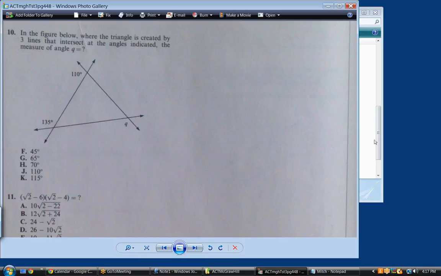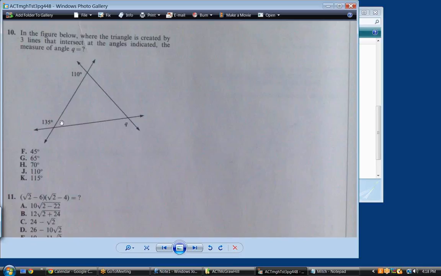It would just be 115. Okay, did you figure out this angle and this angle and then this angle? Yeah. Okay, so we had 45, we had 70, that's 115, and this happens to always be equal to the sum of these two. So there was a little bit shorter way of doing it.